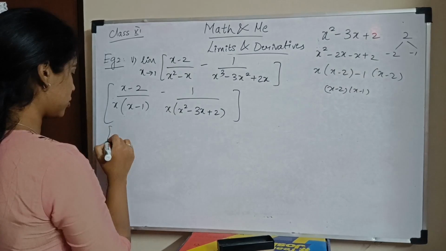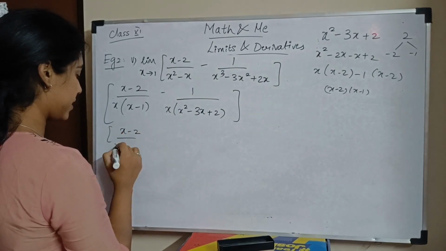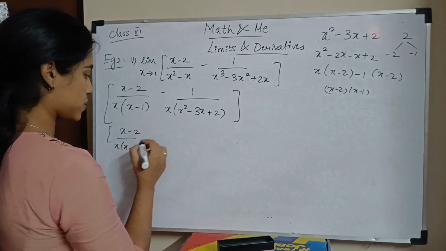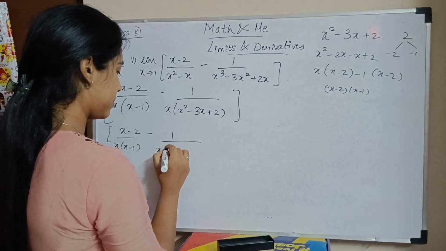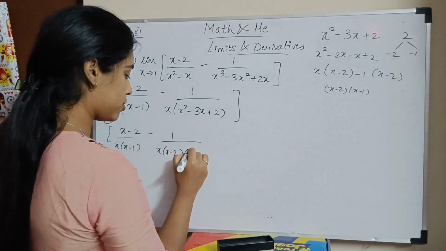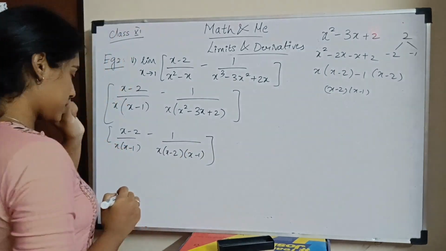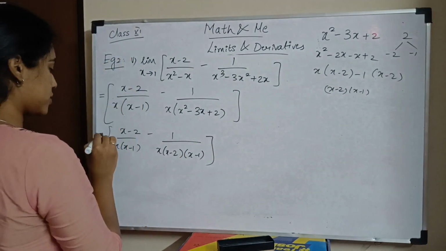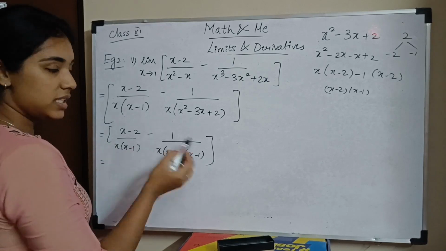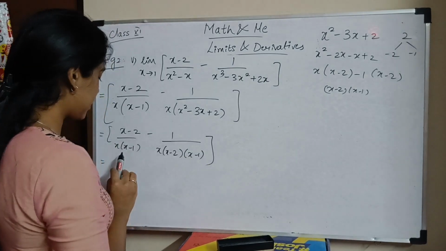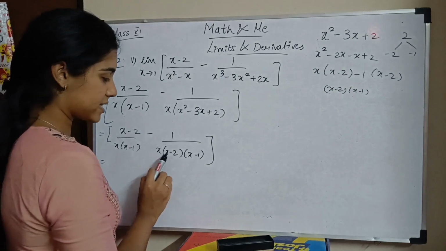So in that line I go x minus 2 divided by x into x minus 1, minus 1 divided by x times x minus 2 into x minus 1. Right? So what do you do further? Don't forget the equal to symbol. Can we take the LCM? What happens when we take the LCM? Here x into x minus 1 is there, and here x into x minus 1 is there.